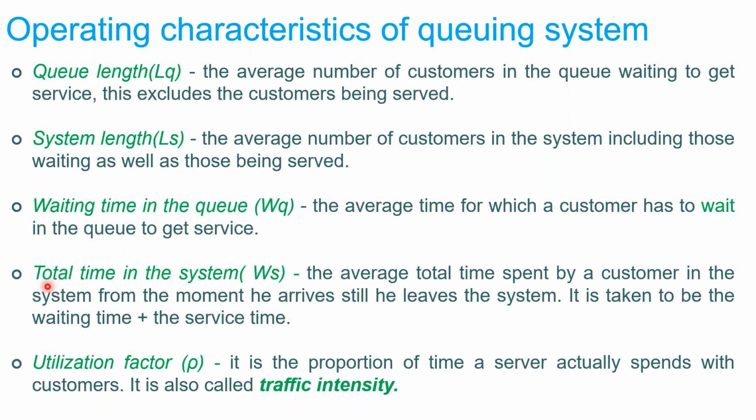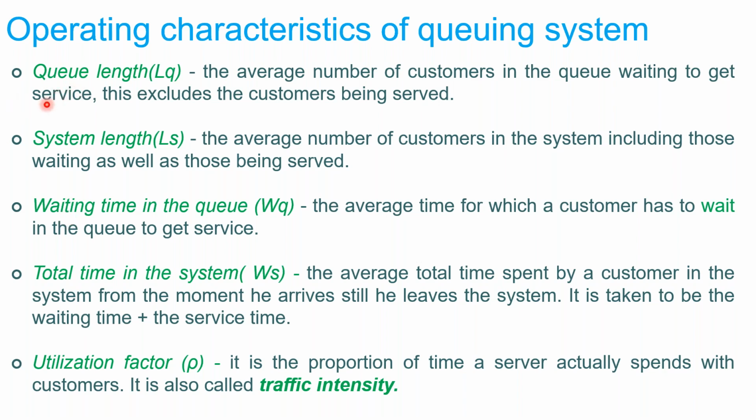Now we have to see what is the meaning of total time in the system. Total time in the system is represented by WS. If there is a queue, a customer has to spend some time in the queue. So that time will be your waiting time, where the customer is waiting for the services.